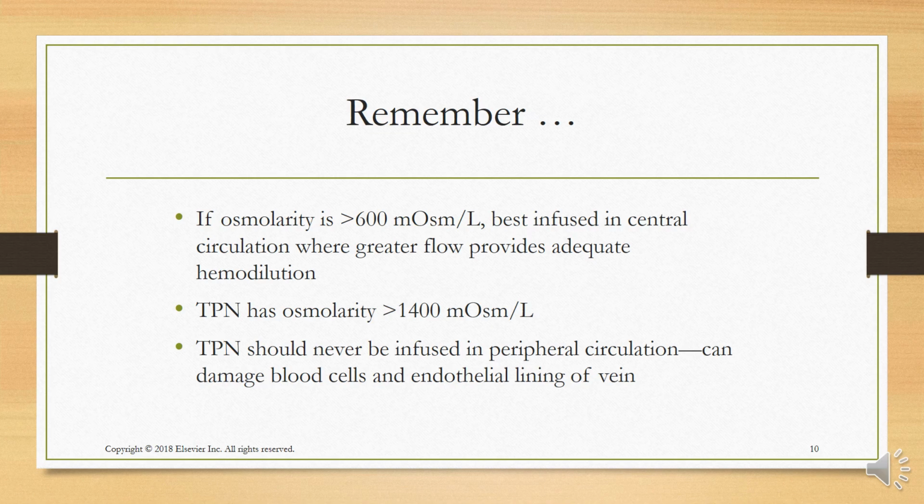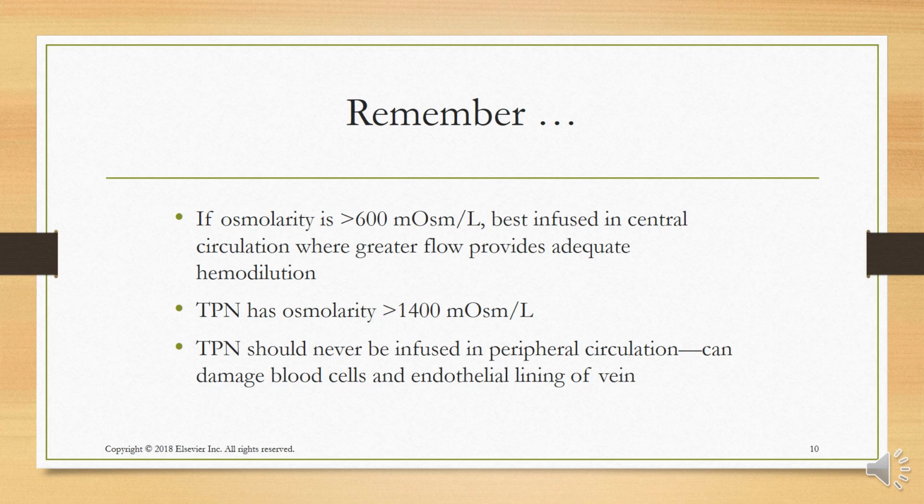So if osmolarity is greater than 600 milliosmoles per liter, that's a major deal because that's way off of our 270 to 300 limit for isotonic solutions, isn't it? So these types of solutions are best infused into central circulation or into a central line where greater blood flow provides hemodilution so that these hypertonic solutions won't cause any injury.